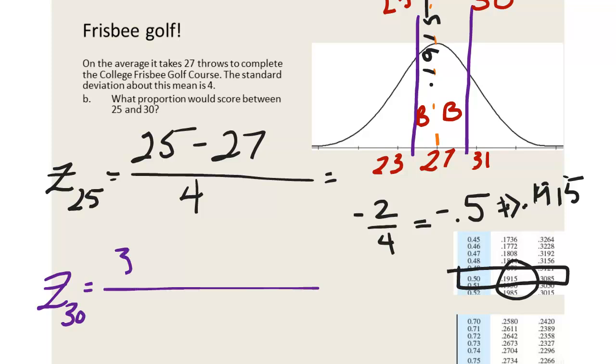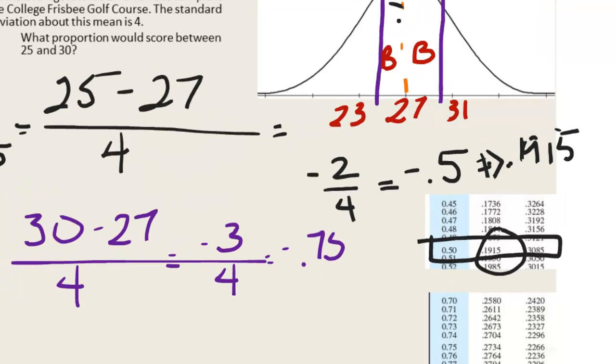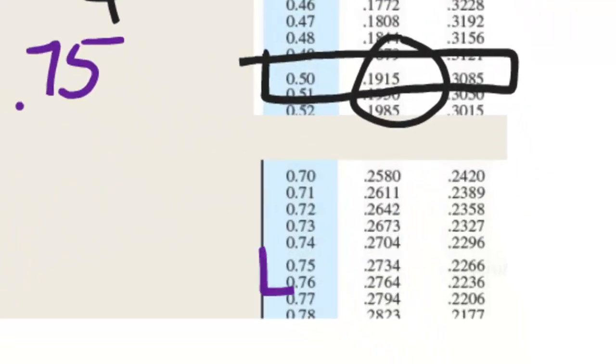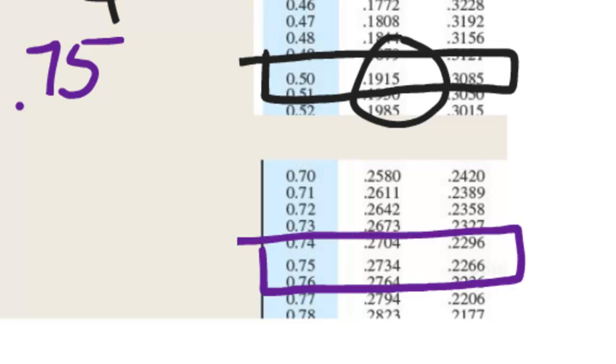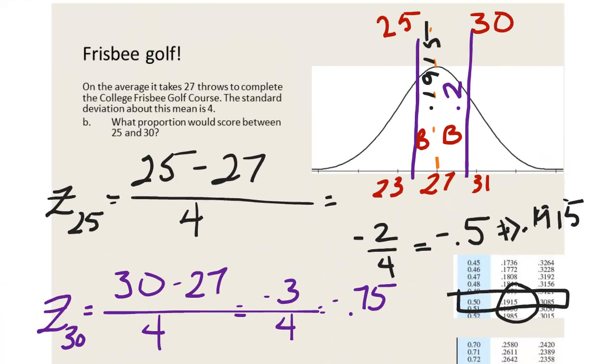A z-score of 30, 30 minus 27 over 4, gives me 3/4, that's not a negative sign, by the way, it's just a smudge on my paper, and I have 0.75, again column B is 0.2734, that makes sense, it should be larger because the line for 30 is closer to the first standard deviation.